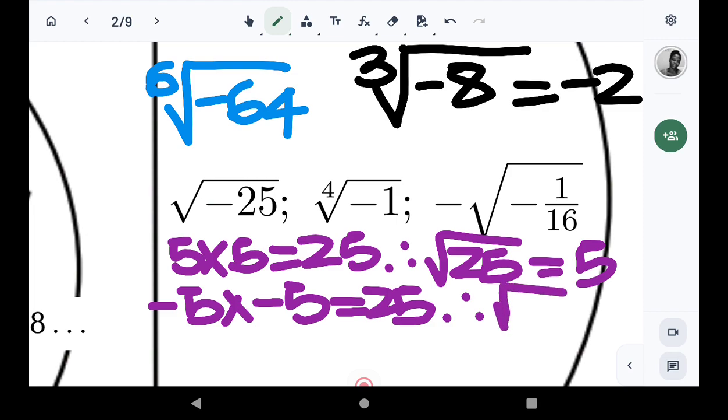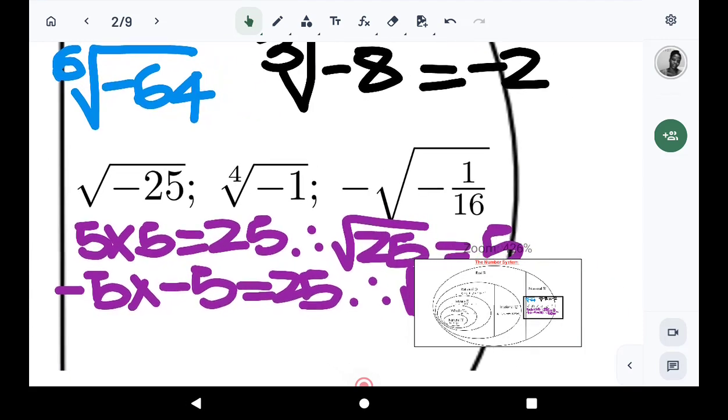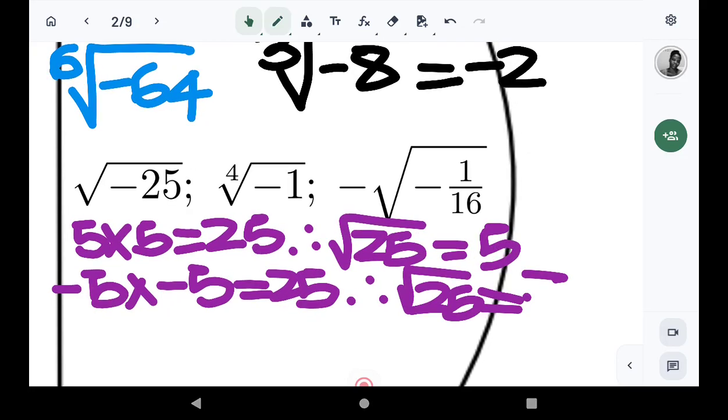Therefore, the square root of 25 can also be written as negative 5.